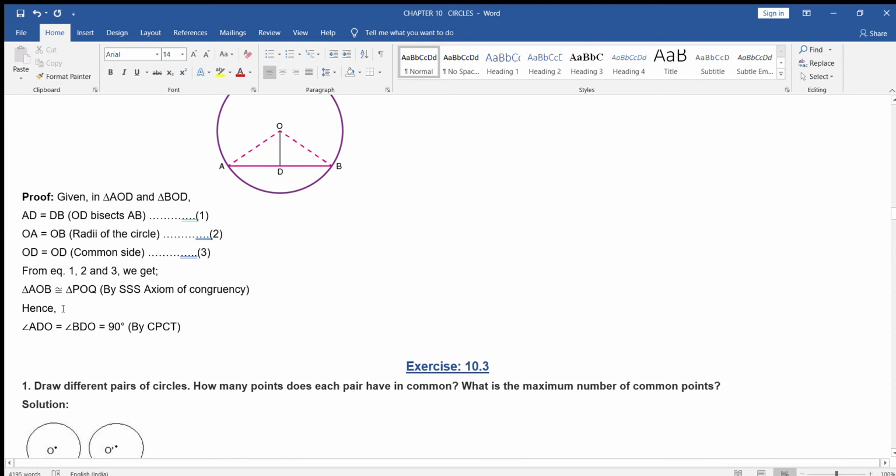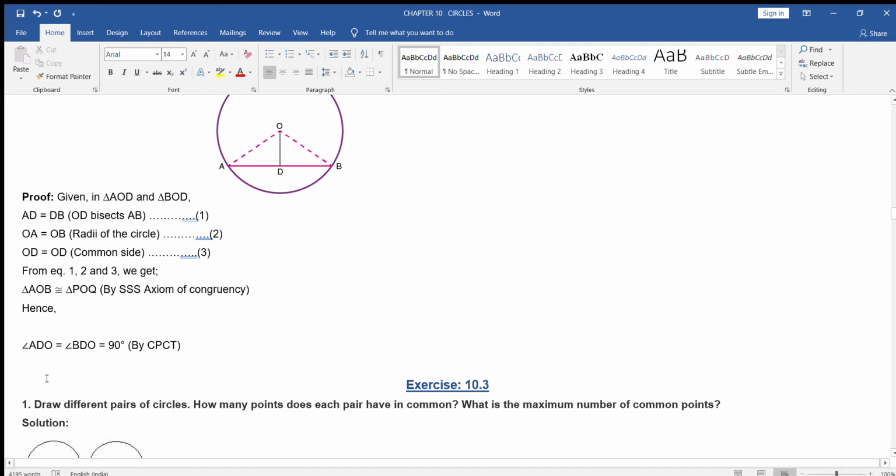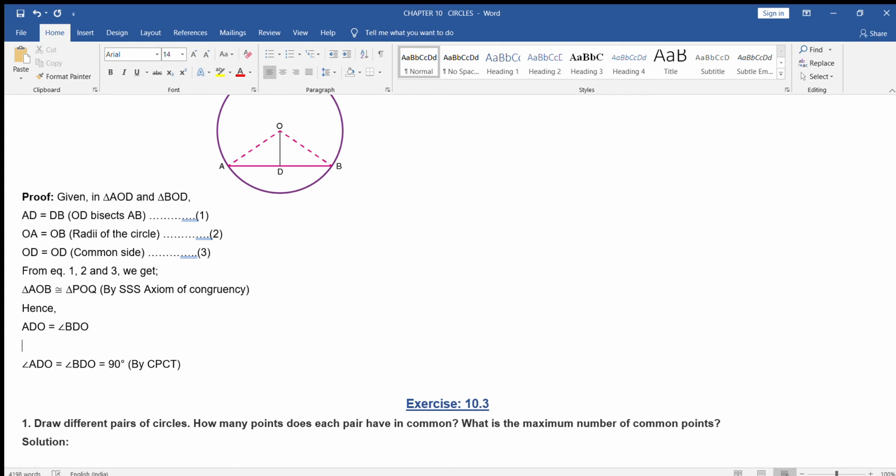You can say these two angles are equal by CPCT. But how will you prove that it is equal to 90? Because we know that their sum is 180 because of the linear pair.